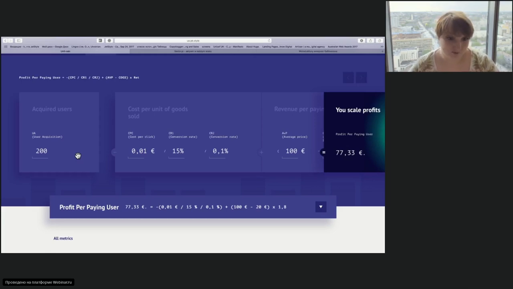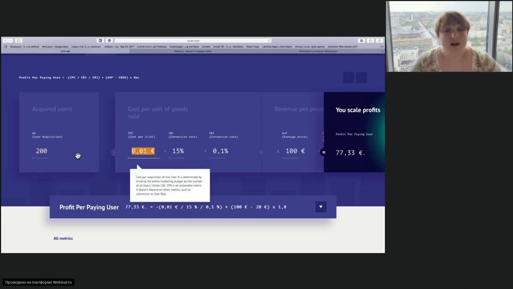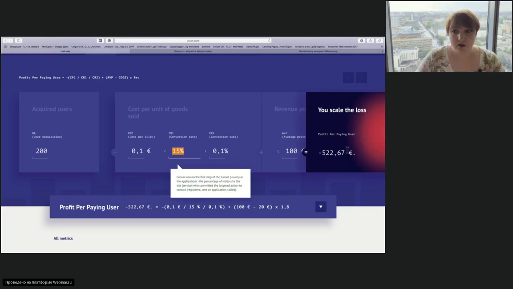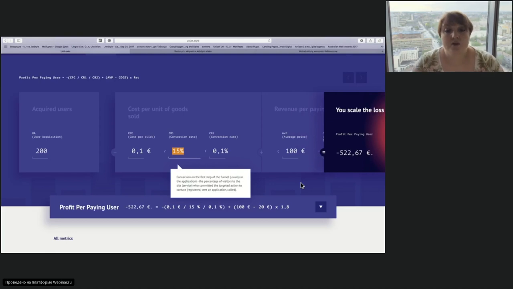No more, unfortunately. Unlike the children, that cost us quite more. So you see that profit per paying user goes down dramatically. What goes next? The conversion rate number one, which is the registration rate. It was also very low.